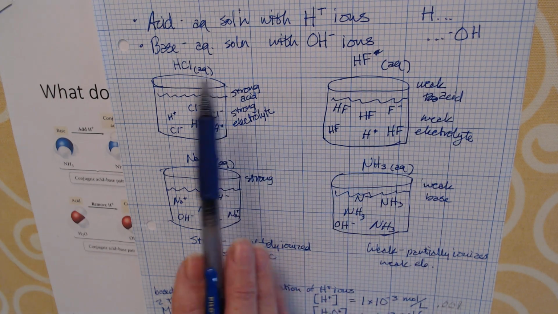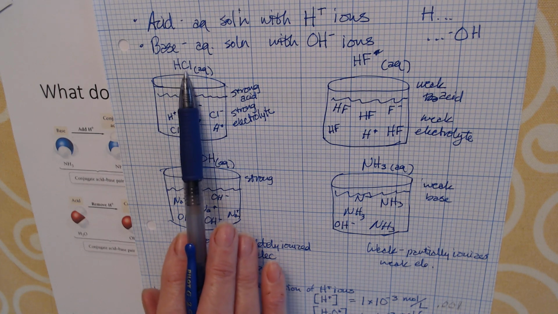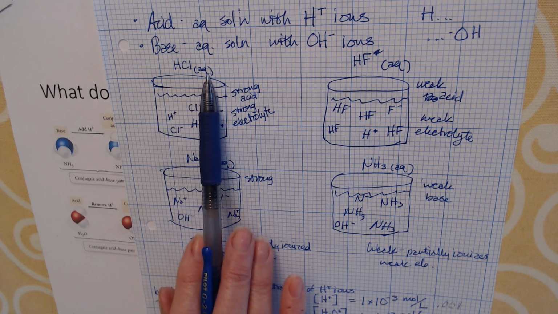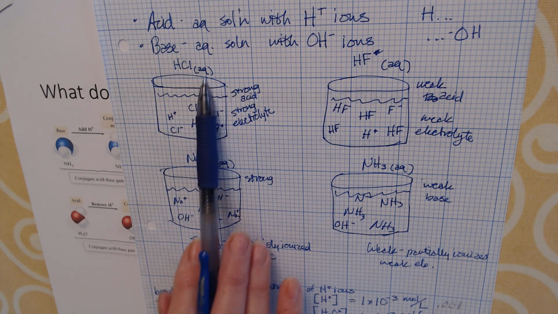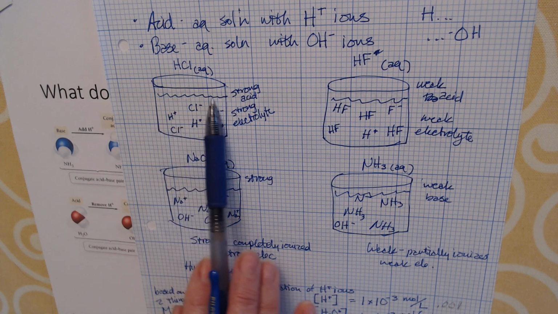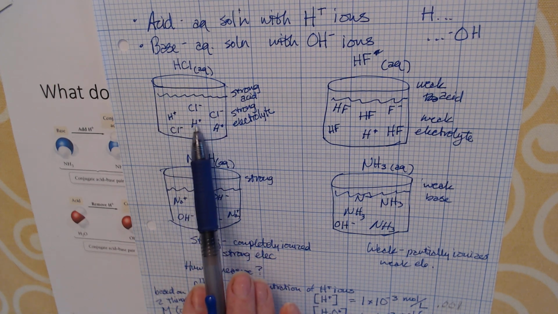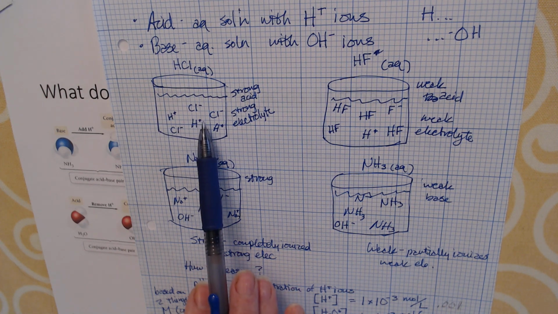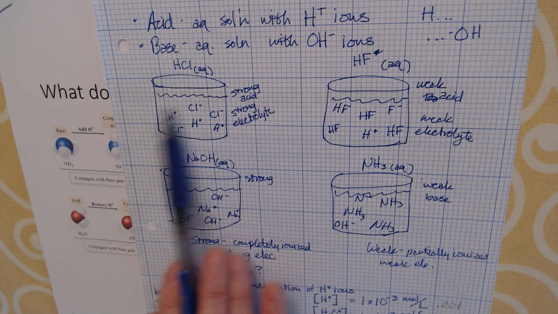And when we looked at what acids were, we said, okay, here I've got hydrochloric acid. It's aqueous. In other words, it's in water. Here's my water sloshing around. And what you can see is the little hydrogen ions have all dissociated from the chlorine ions. So they're completely dissociated.